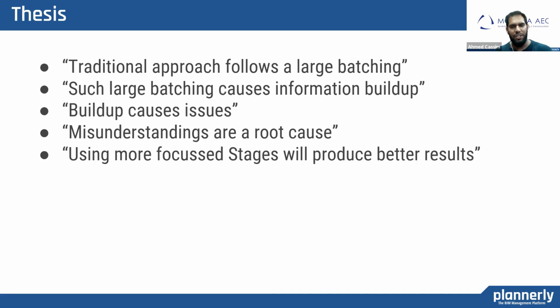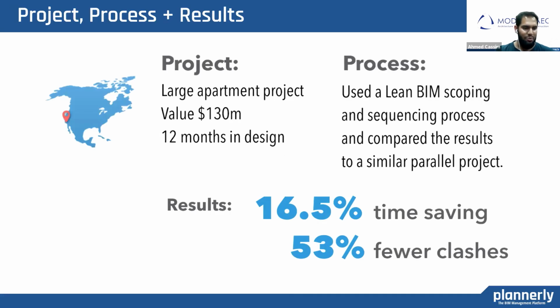Misunderstandings are because of those issues, and more focused batches or stages will produce more focused and better results. This was the real project that was done, following the lean scoping and sequencing, and compared results to a similar project. So having a similar project to compare it to really helps us realize the significant differences in results.